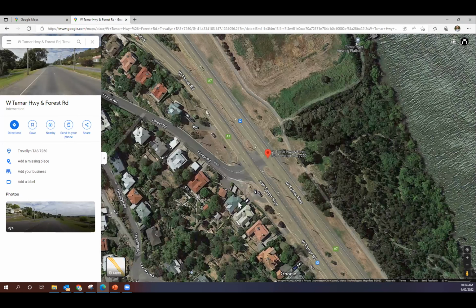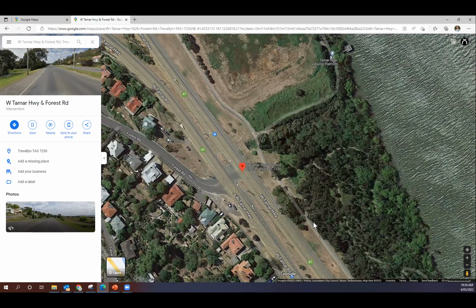Also, to manage the sight distance issue, bringing the speeds down, 60 k's an hour potentially, and then a raised platform on the approach to the signals as well to mitigate some of that speed. They were my main thoughts to manage it.